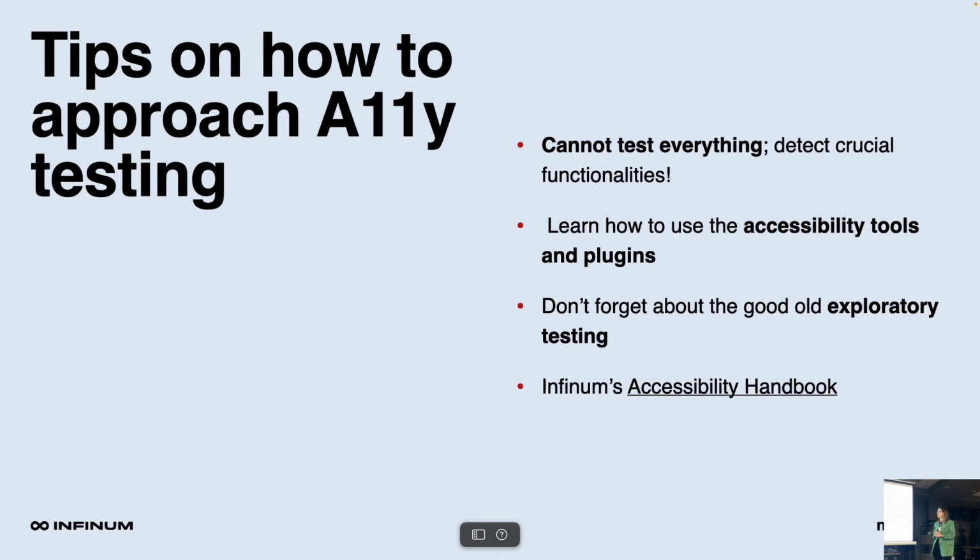And since mobile is not yet included in the latest version, we also tried to cover the mobile part from our perspective, how we see it. We went through the guidelines and saw what is applicable to mobile apps, and we also listed it in the handbook. So that's a good thing.